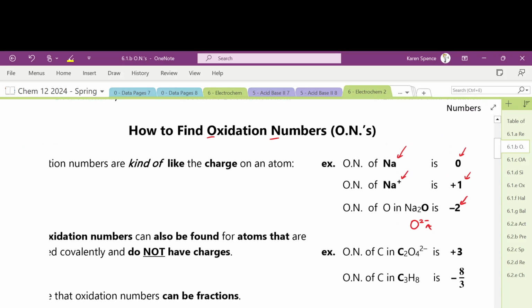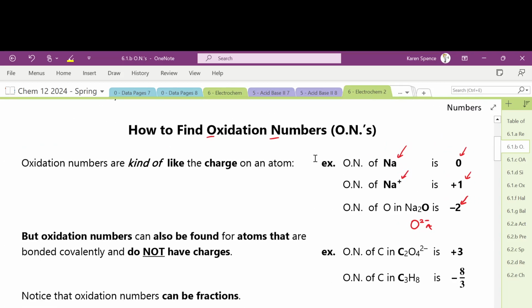Okay, so we can also find oxidation numbers for atoms that are bonded covalently and don't actually have charges. An oxidation number is not really a charge, but it's kind of like a charge, and we just kind of pretend.